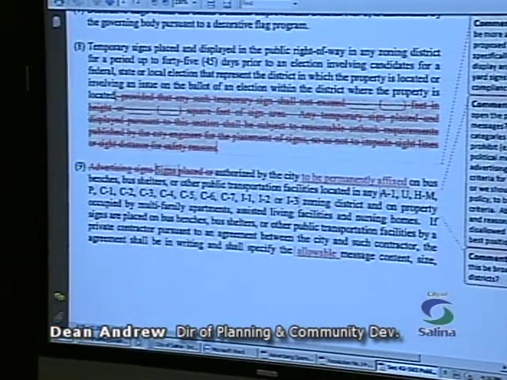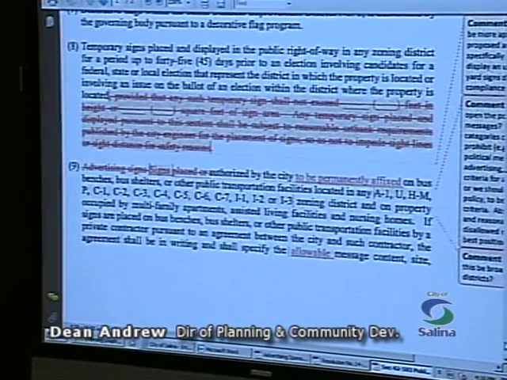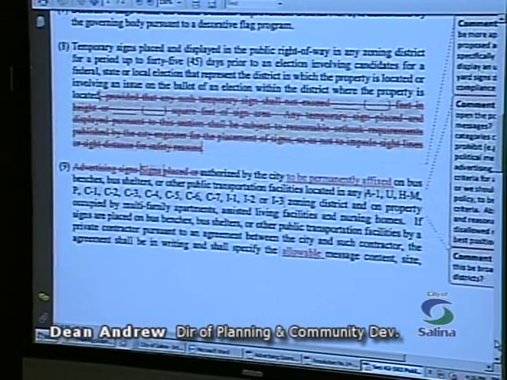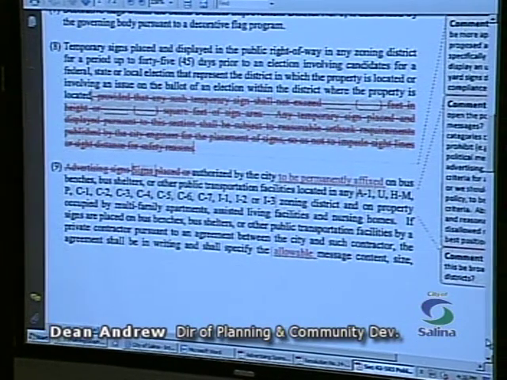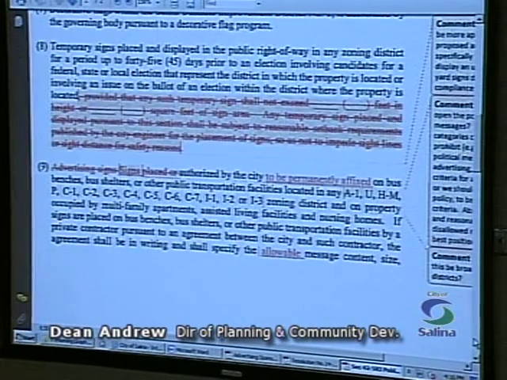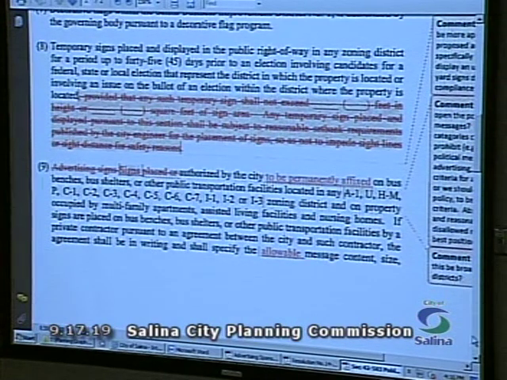And then the other section that still needs a little more fleshing out and information for us to provide to you deals with signage that is authorized by the city to be affixed on bus benches and bus shelters. The way that we have this set up as a draft is that those signs would be limited to those zoning districts that we have identified there.